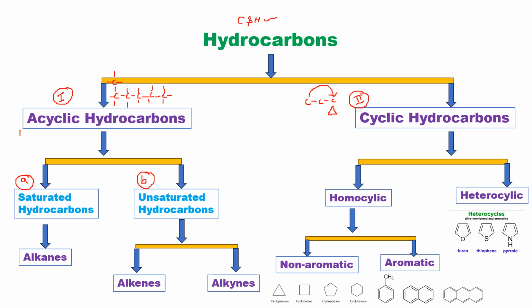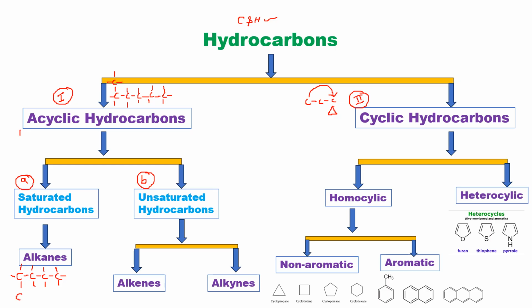Saturated means that the compound, whether it is a branched or straight chain, is made up of carbon-carbon single bonds. It is the longest carbon chain, however far it goes. It contains carbon-carbon single bonds.